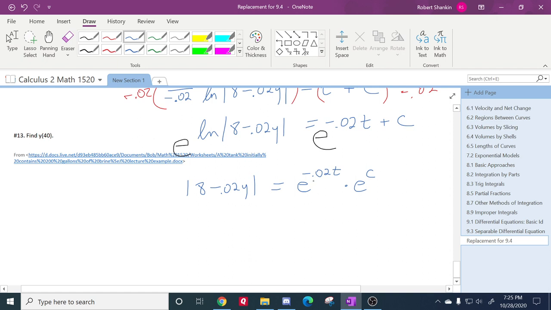Because the bases are the same, you'd add the exponents, so I just did the reverse of that process. And then e to the c is an arbitrary positive constant, so that's why this had to have the absolute value. Once we realize that, we can replace this with any constant and get rid of the absolute value at the same time.